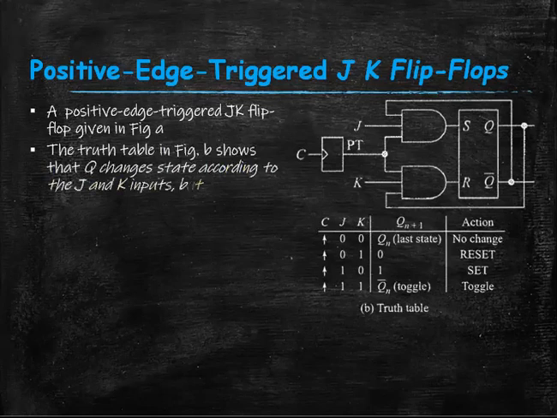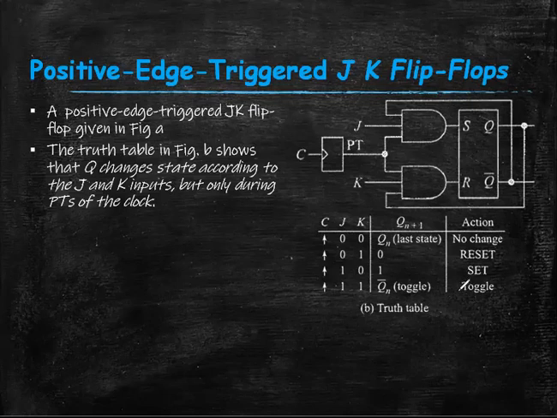The truth table for the JK flip-flop is a small change from the truth table for the edge trigger RS.